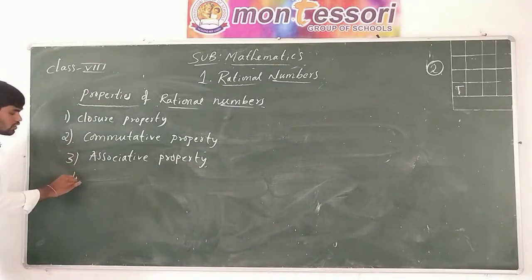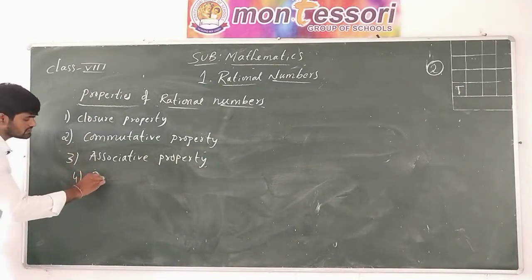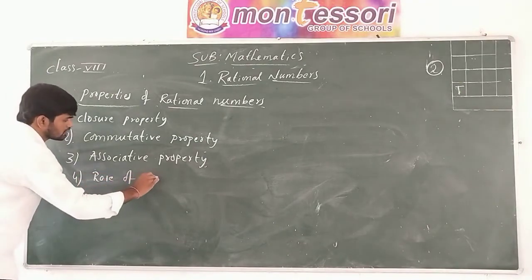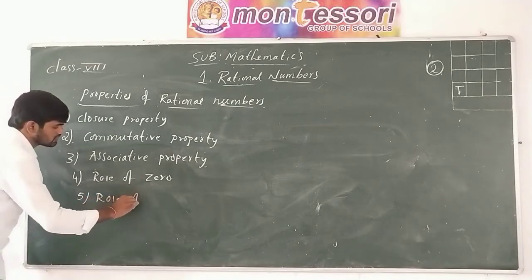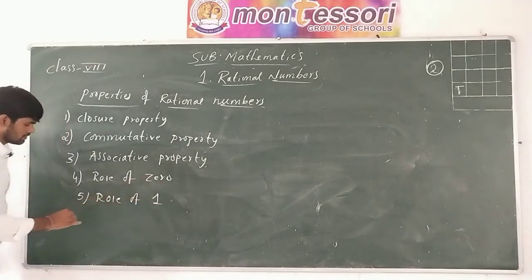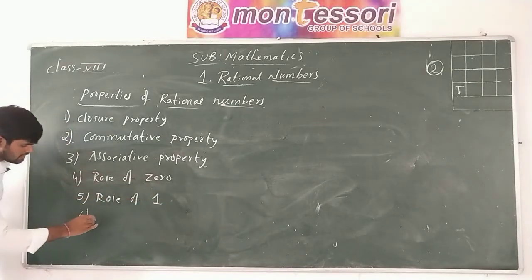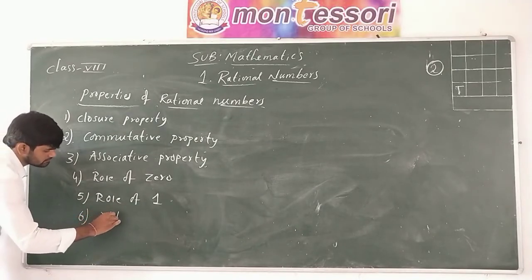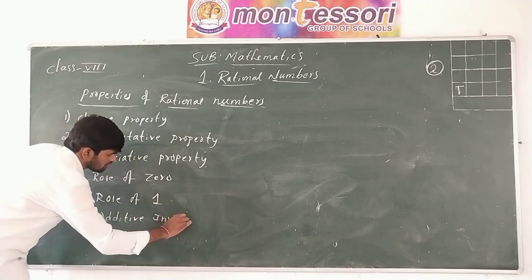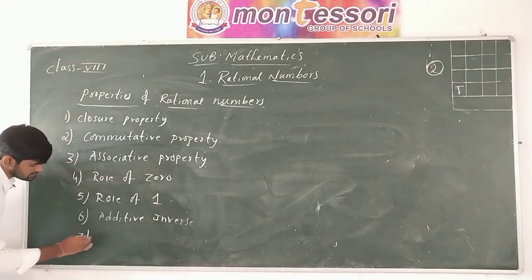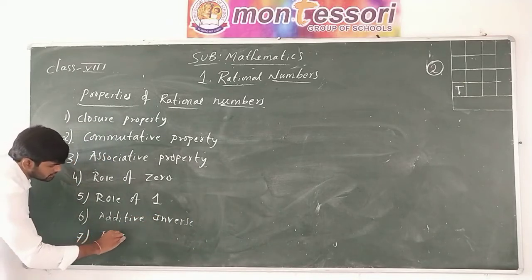And you have other cases, that is role of 0. Fifth one is role of 1, and sixth is additive inverse, and seventh one is multiplicative inverse.